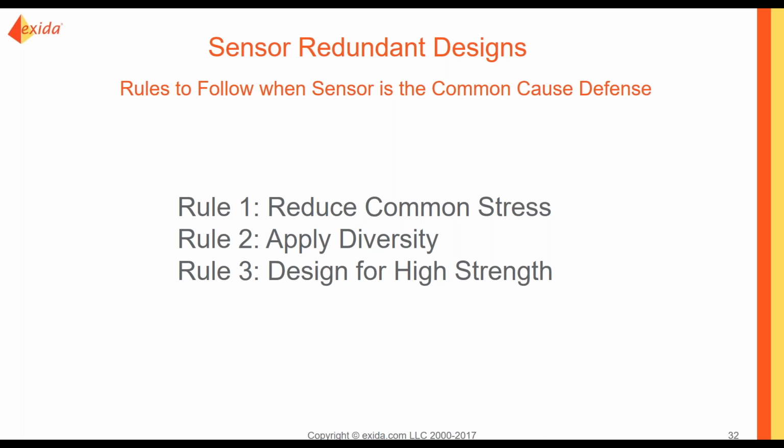But significant benefits will not be realized if the sensors use the same technology and respond similarly to the same common stress. A mechanical unit backing up an electrical unit would be a good application of hardware diversity.